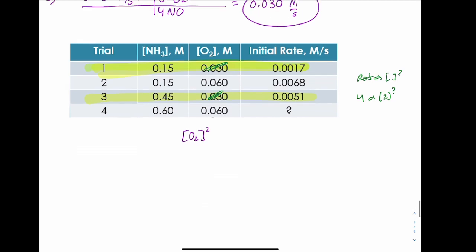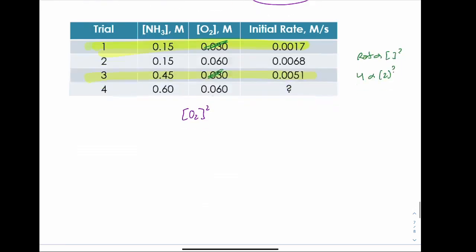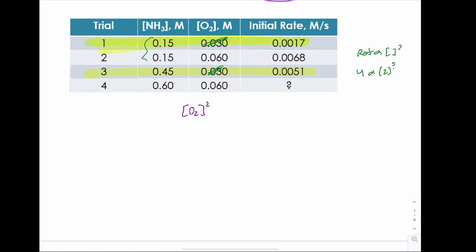And if I look at these two, it's going up by a factor of 3. Again, if you don't see it, take 0.45 in your calculator, divide it by 0.15, see what you get. This one, if I take 0.0051, divide it by 0.0017, I get 3.